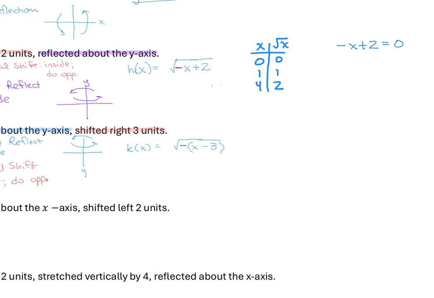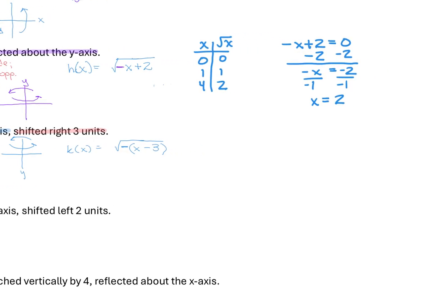And so notice on the first one, we want to start by subtracting 2. This is our shift. And then we reflect by dividing by negative 1. Okay, so we shift, then reflect.